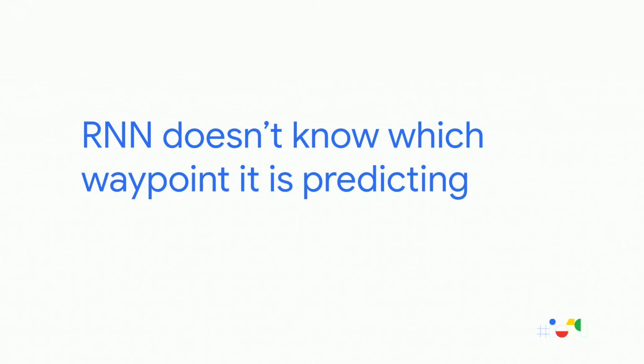So we are using a recurrent neural network to actually predict the successive waypoints. But if you consider the problem of what happens when you want to really move the agent from a standstill, you really need to focus on the first few waypoints, adding an incremental amount of motion. Now the RNN, in our case, doesn't know which waypoint it's predicting.